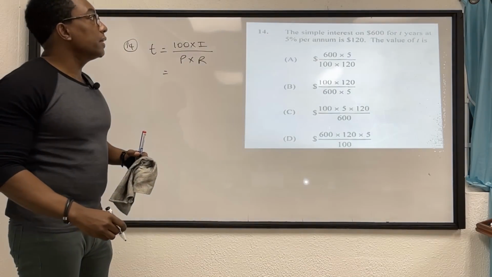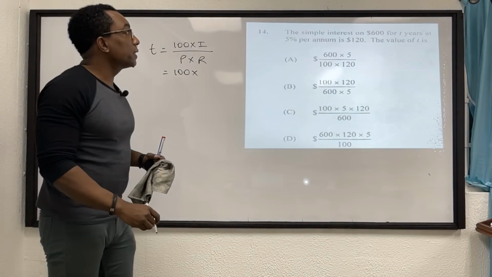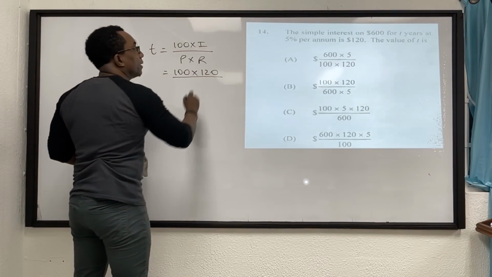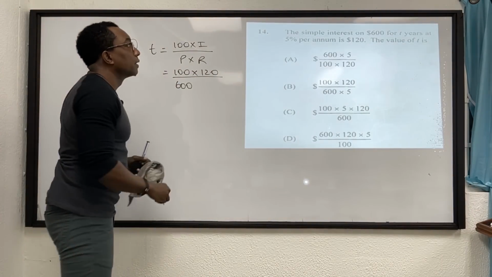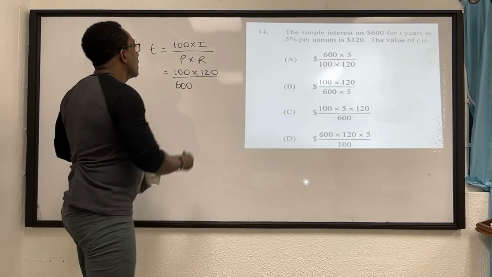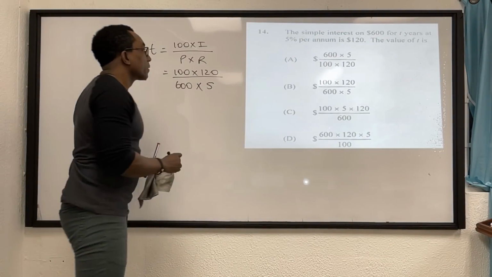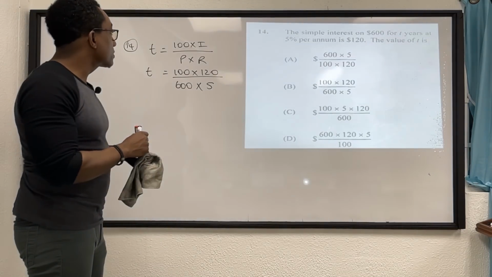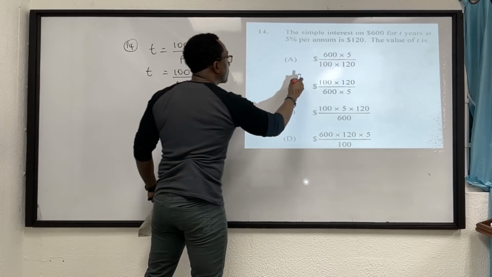Our interest in this case is 120, the principal is 600, so that's how much was invested, and the rate is a percentage which is 5%. So the time is equal to, our answer for this question will be B.